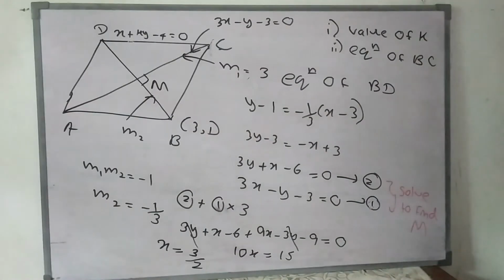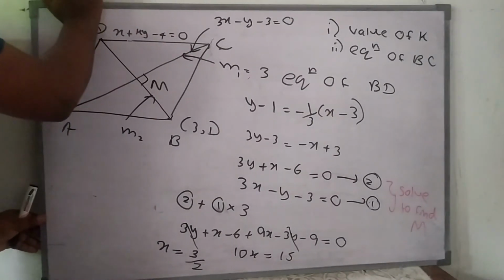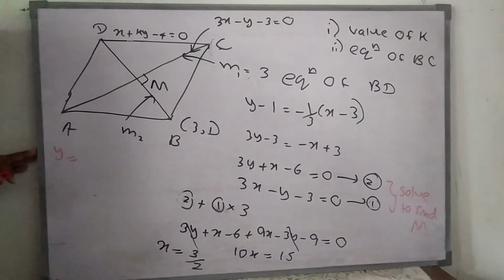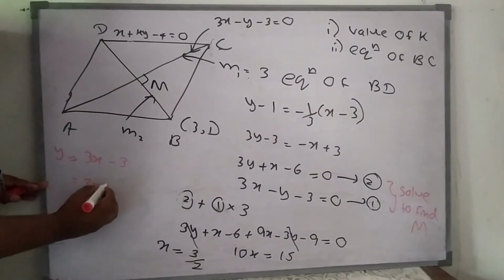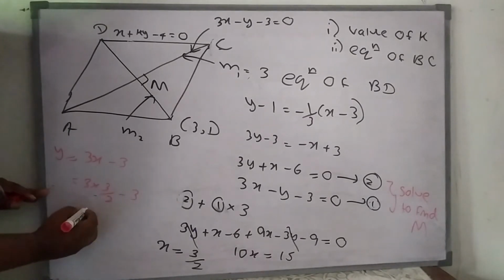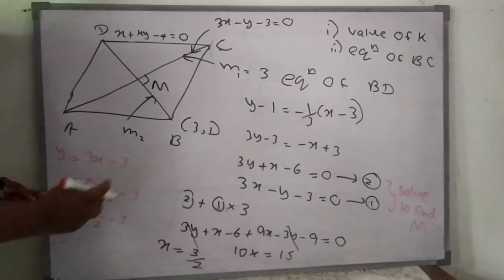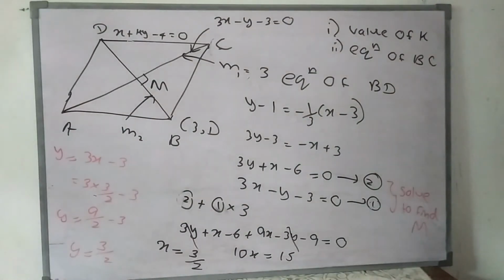x is 3 by 2, right? So what is y? y also 3 by 2, right?